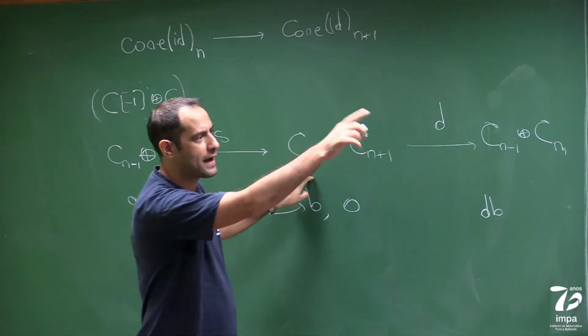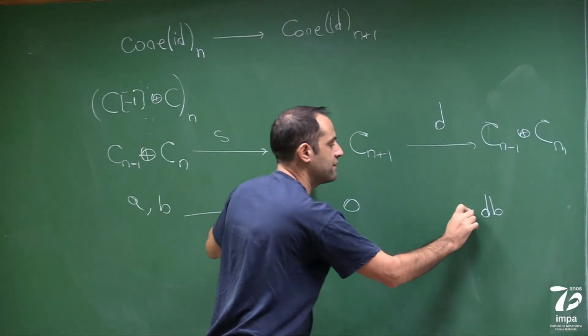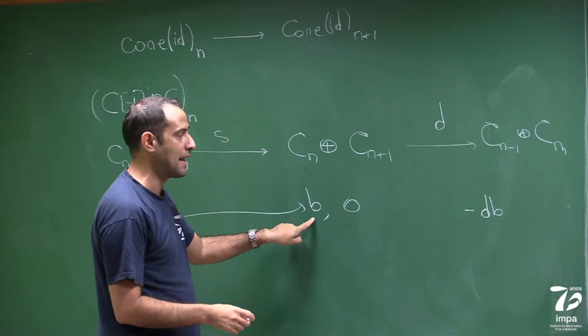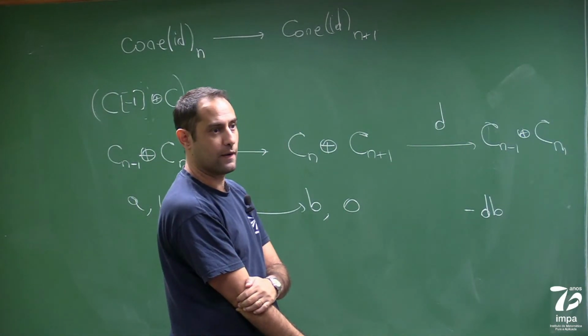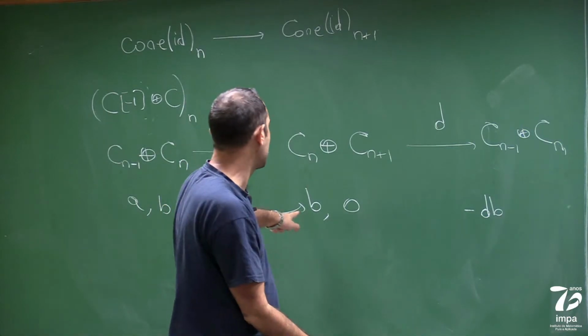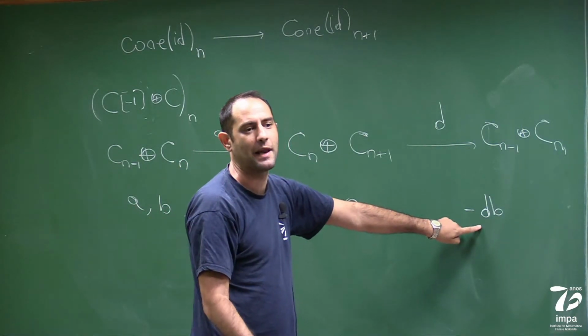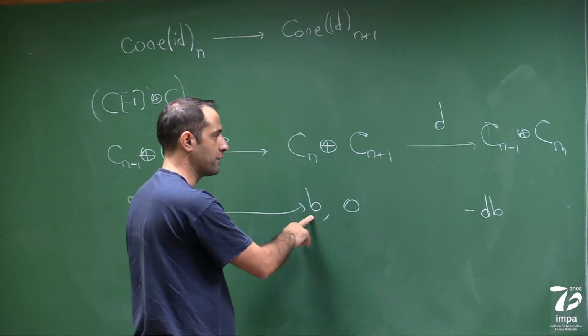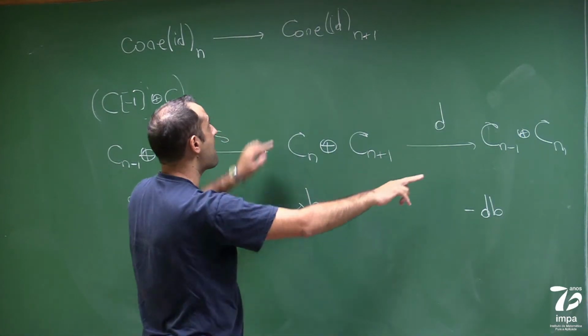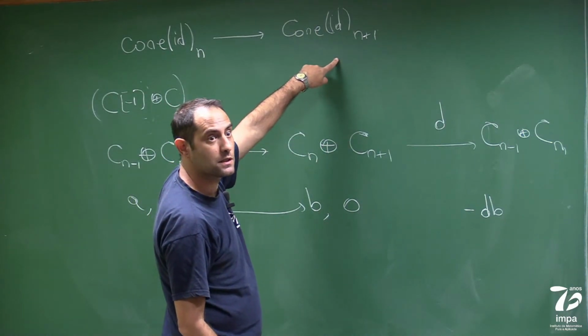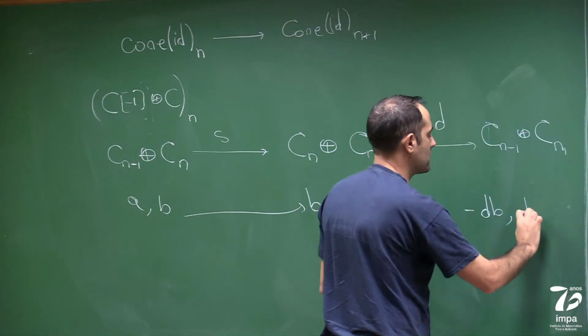And I reserve the right of getting all of the signs wrong. If I had chosen this sign to be a plus, this would be a minus because of that thing there. Actually, I'm going to change this for a minus so that this becomes a plus, but that's minor at this point. But then there's another map, from C_n to C_n, which is the map F that we chose. That was the identity. And then again, I have a minus, so I need to put a minus.